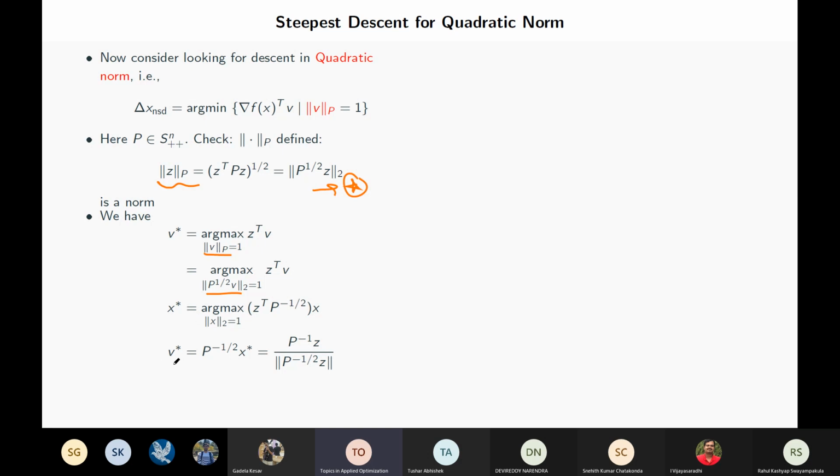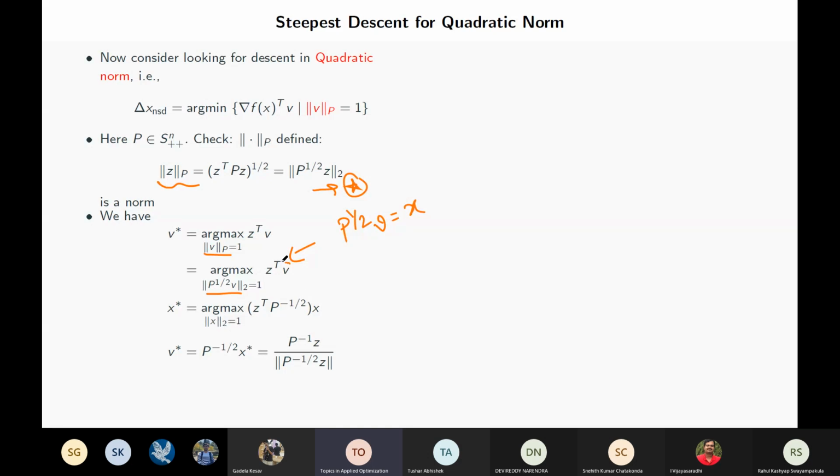I define P half v to be x, so the 2 norm of x equals 1 follows from here.